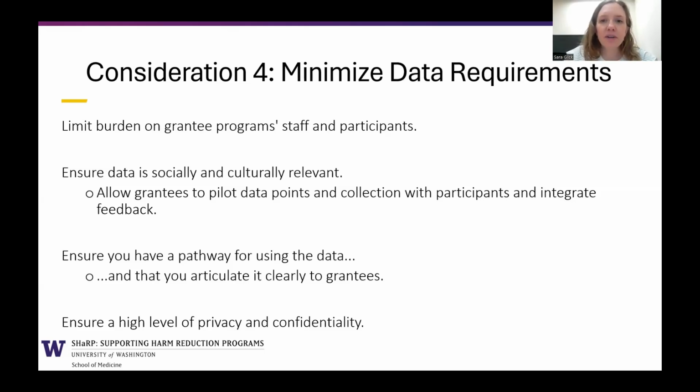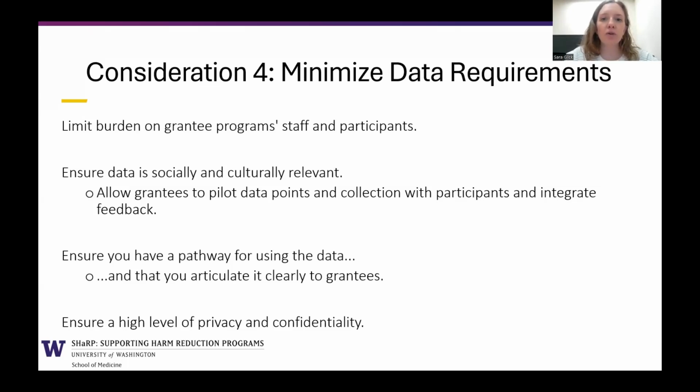The fourth consideration, and one that our team works really hard on, is to minimize data requirements. Many of the funding sources for SSPs are pretty small, and so many programs have many grants. And if each of these grants requires multiple, slightly different data points, it really adds up to a significant burden and barrier to services for participants and staff.